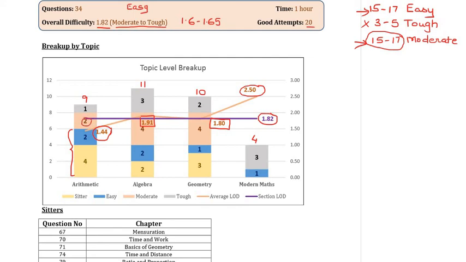And then there were 2 moderate questions, but generally the moderate questions in arithmetic are simpler, and that's student feedback really. They are simpler than the moderate questions in geometry or modern math. So the chances of attempting these are also slightly higher. There was one tough question in arithmetic here, and let's assume for the time being that this could have been skipped.